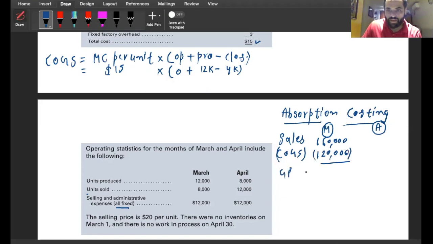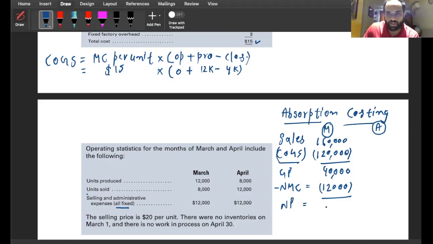So how much is gross profit? 40. Yes, 40 is the gross profit, minus non-manufacturing cost. How much is non-manufacturing cost? 12. Yes, it's 12. So how much is net profit?